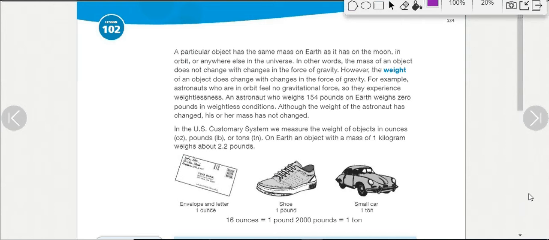So, weight changes depending on gravity. Matter and mass don't change. U.S. customary, meaning the stuff that we usually customarily use in our country, is ounce, pound, and ton. They have examples of things you might expect each one to be.